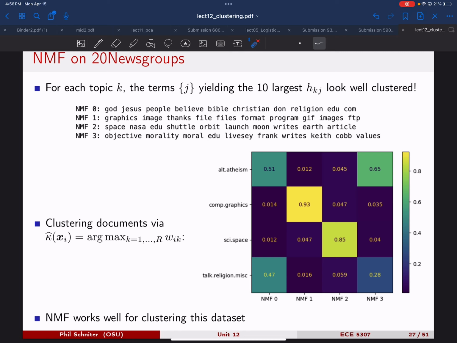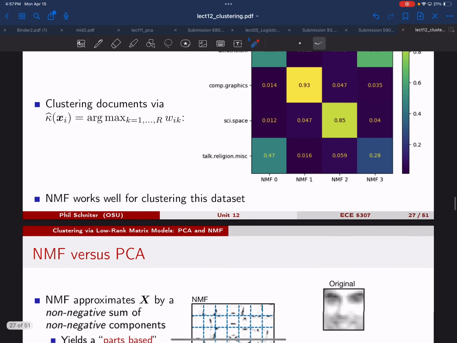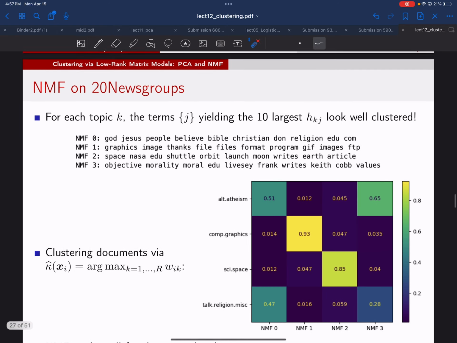So whether this is better or worse than k-means, maybe not exactly clear. K-means did have that one cluster that was not really getting anything. At least here, all the clusters seem to be making sense, although none are quite as clean as for k-means. Okay, so that's NMF.